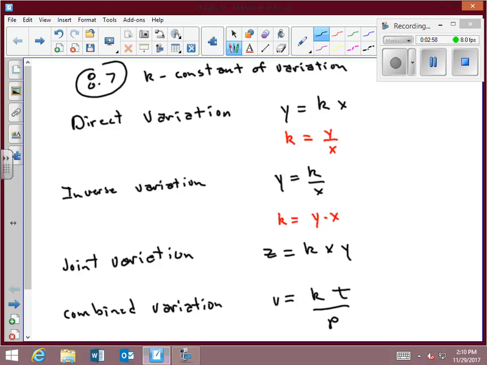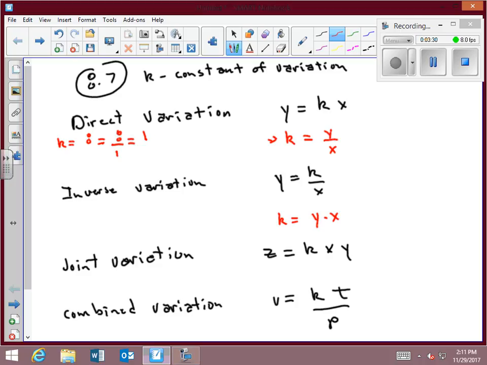Now, to give you an idea of direct variation, if I say the constant of variation is 8, and then I go y over x. Is that a K? K is the constant of variation. Yeah, K. If y is 8, then x has to be 1.